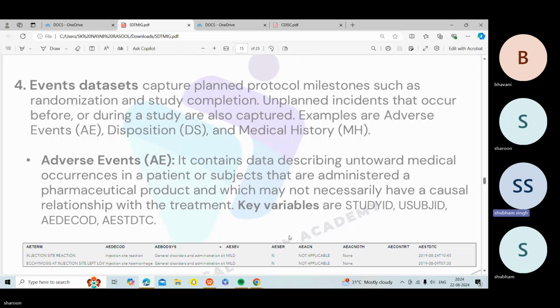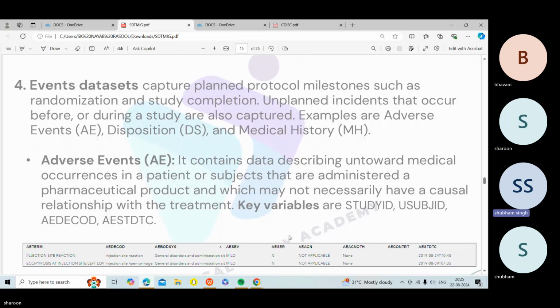Anything that happened to the patient will be counted as an adverse event. Adverse means something wrong, right? Something which is not good. So during the study, if any event happened, that data will be recorded in this data set.